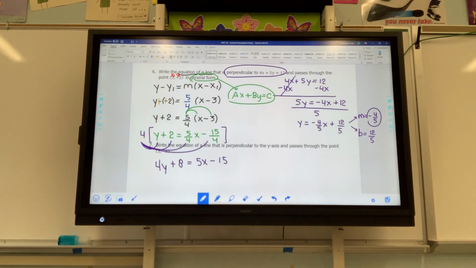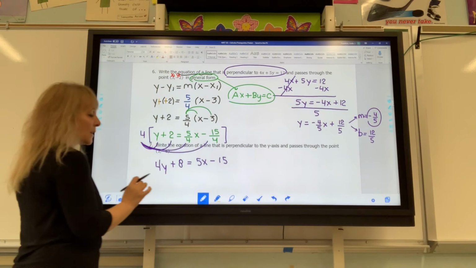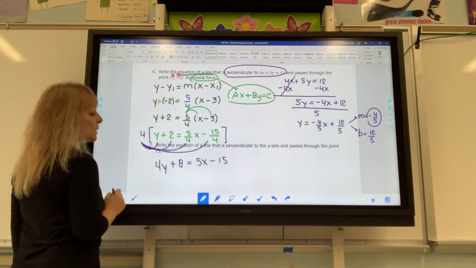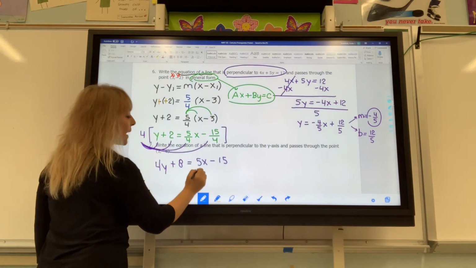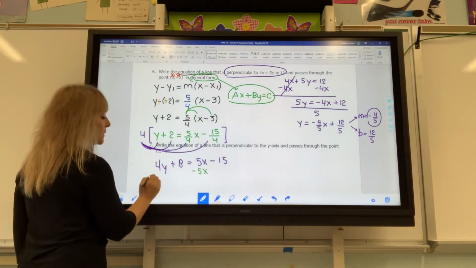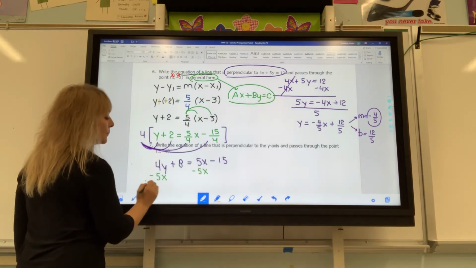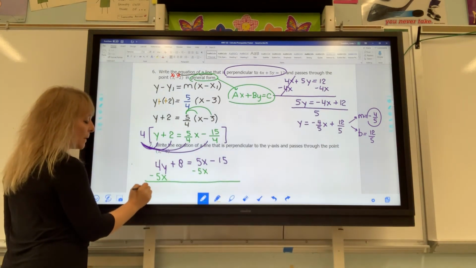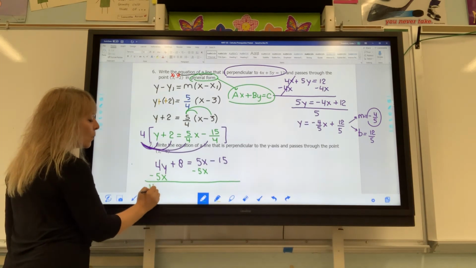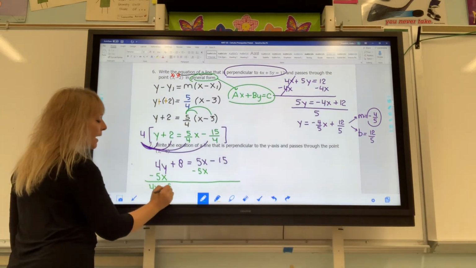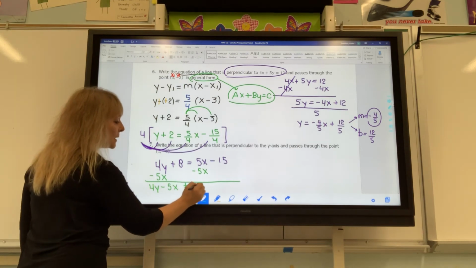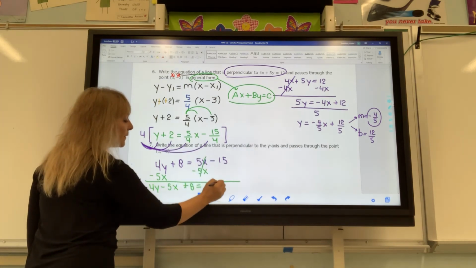So now there are no longer any fractions, but you want the x and the y on the same side. So I am going to subtract the 5x from both sides. And I'll write it here, but then I'll have to move it. That will give me 4y minus 5x plus 8 is equal to negative 15.